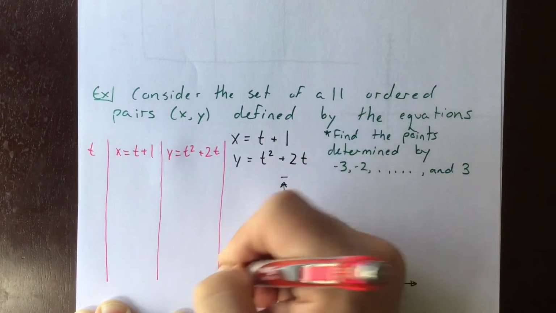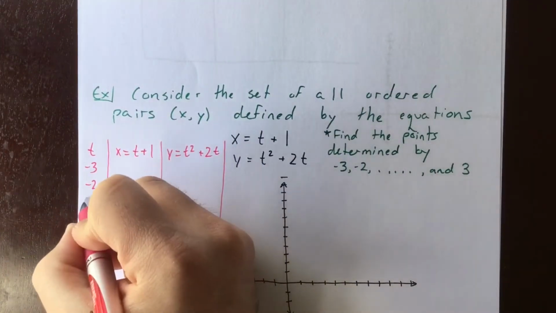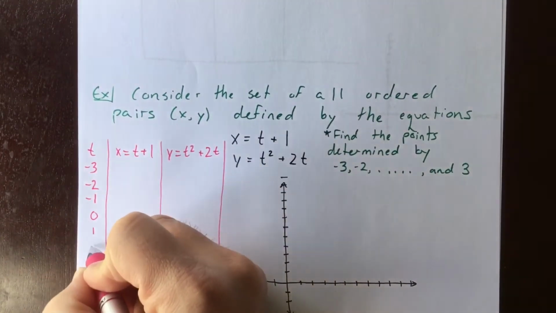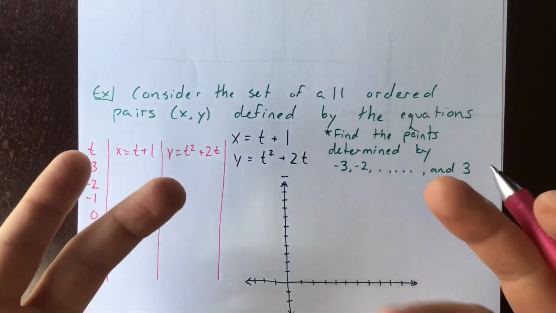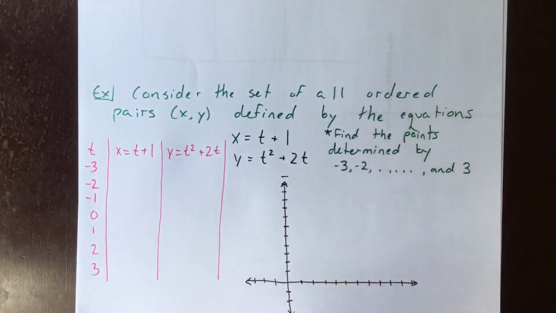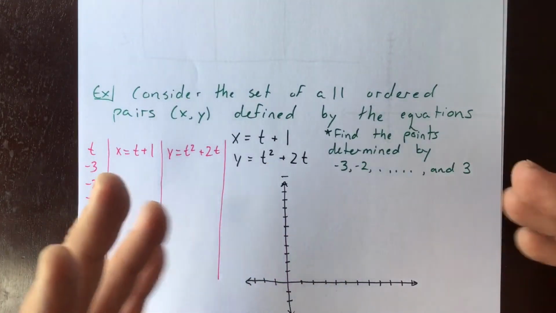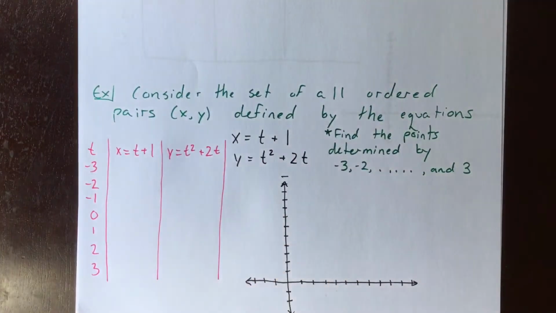And the t values are -3, -2, -1, 0, 1, 2, and 3. That is how we get the ordered pairs, because really we're going to graph this like we normally would, x comma y. But the x and the y we are going to find according to the t value.